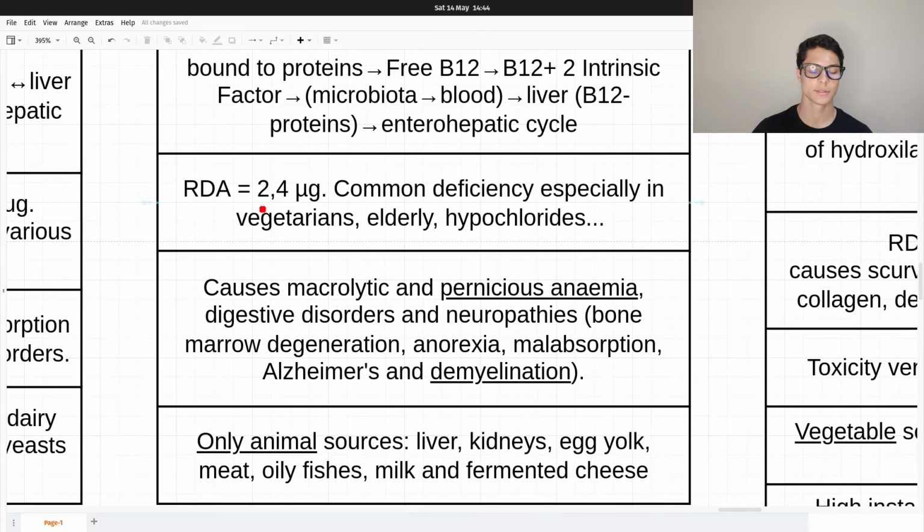The RDI says 2.4 micrograms a day, so it's very, very low, but we still need it. And it's a common deficiency, especially in vegetarians, in elderly people, and in hypochlorhydria.